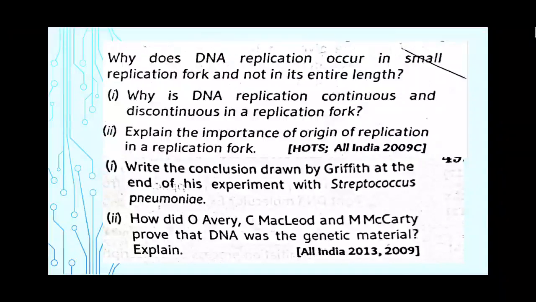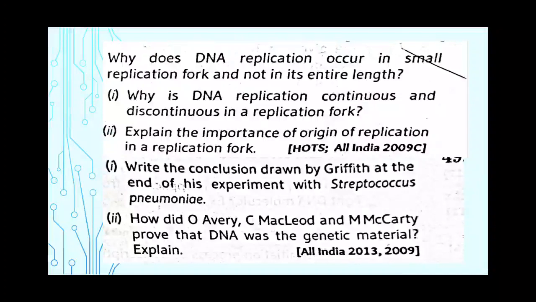That you can write in this answer, and then at last you can write down the conclusion. Always make a flow chart and then write down the conclusion if this type of question comes. Don't write the whole experiment in a paragraph.